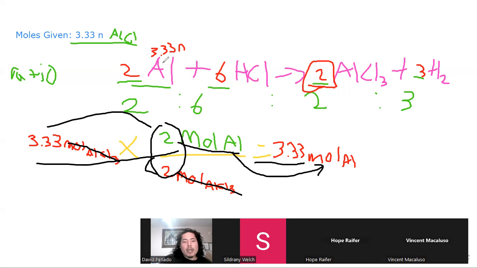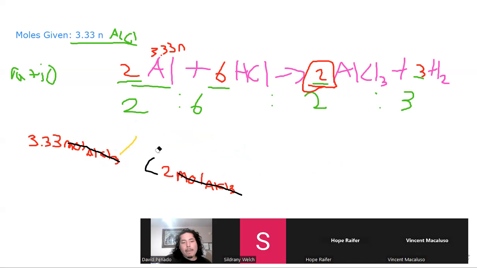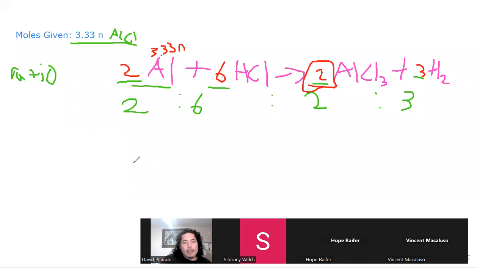Now we're at aluminum, and the question wants us to find it in grams. What's the next step? So for the grams, you multiply the mole times the GAW.